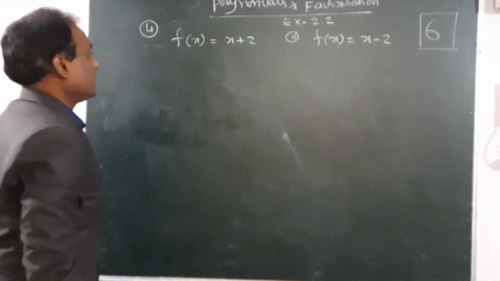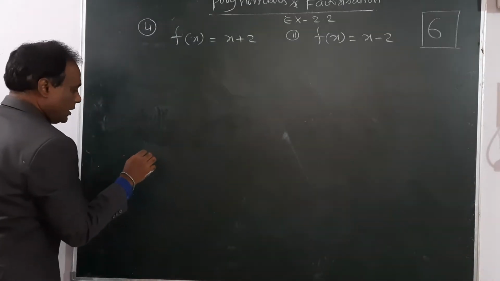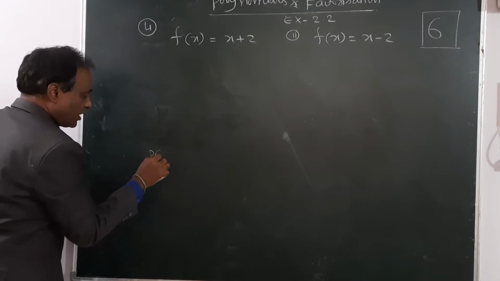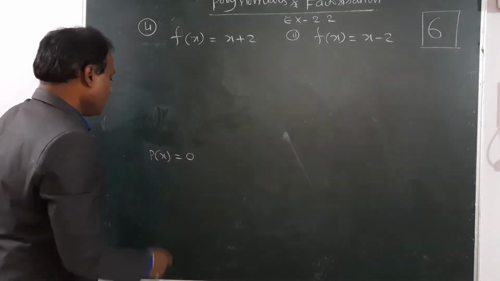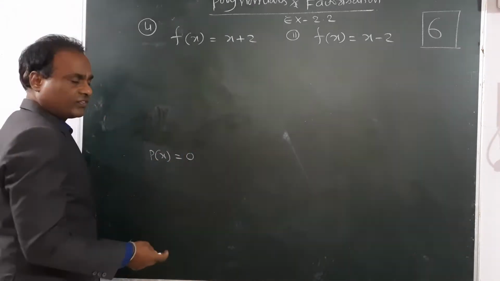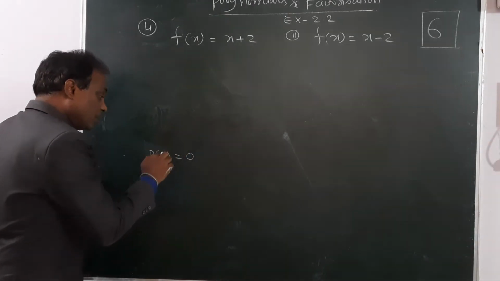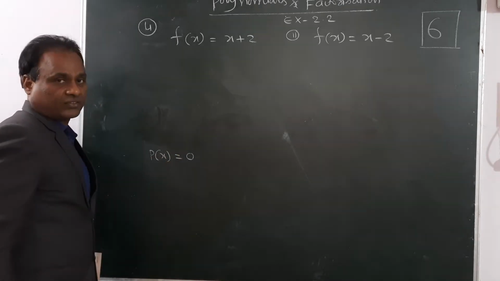Zero of the polynomial. See, the value of x for which the polynomial becomes 0. Suppose p is a polynomial and the variable is x, so we can name it as p(x).